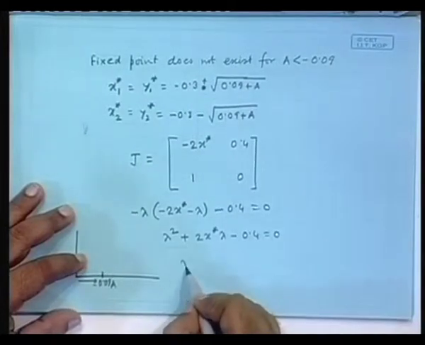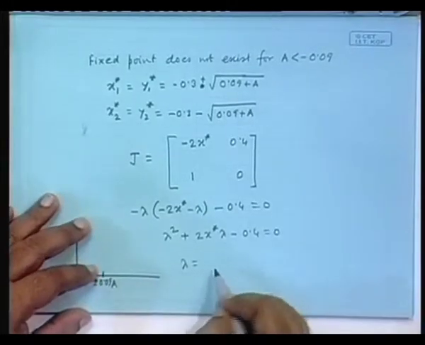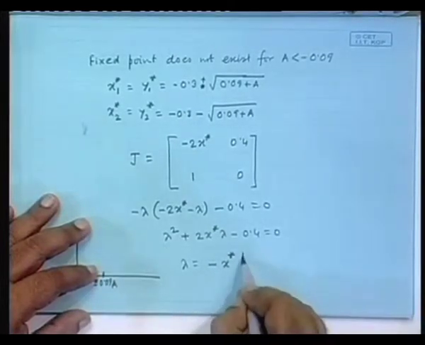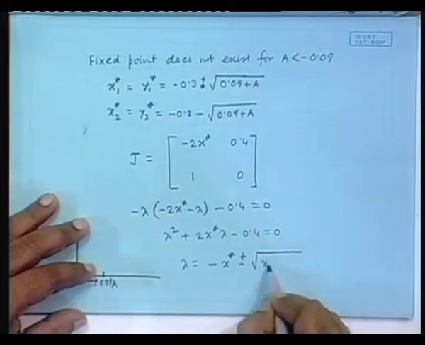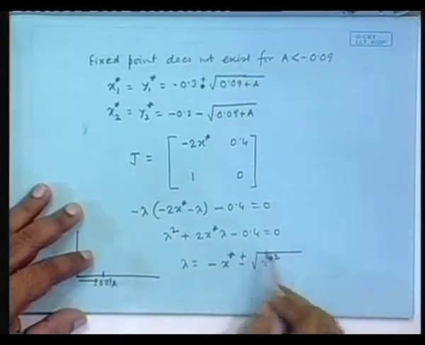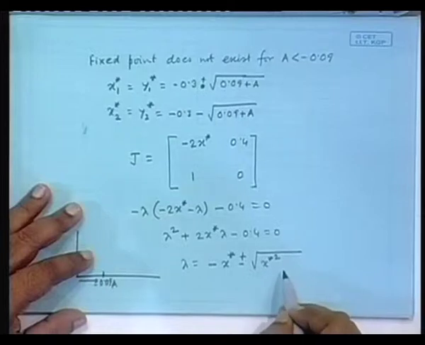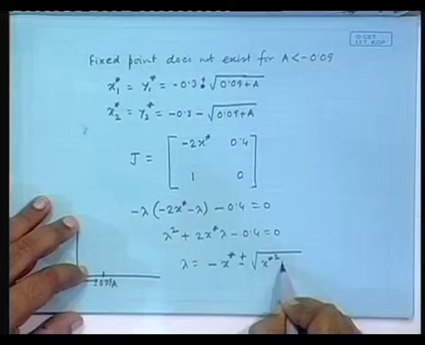So, you have lambda is equal to minus x star plus minus root over x star square plus 0.4.